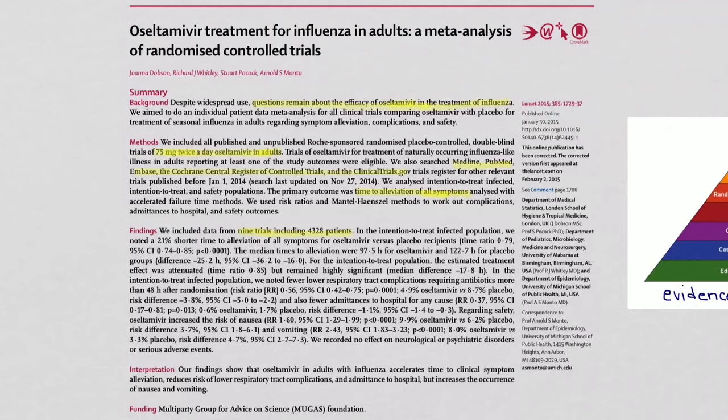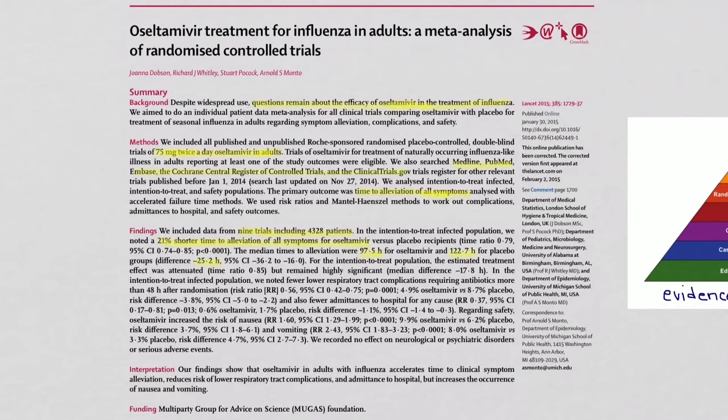Okay, and then they found overall the main results were that there was a 21% shorter time to alleviation of symptoms in the oseltamivir group versus the placebo. And you can see the median time to alleviation was 97 hours for oseltamivir and 122 for placebo, with a difference of 25 hours. So that's about a day's difference.